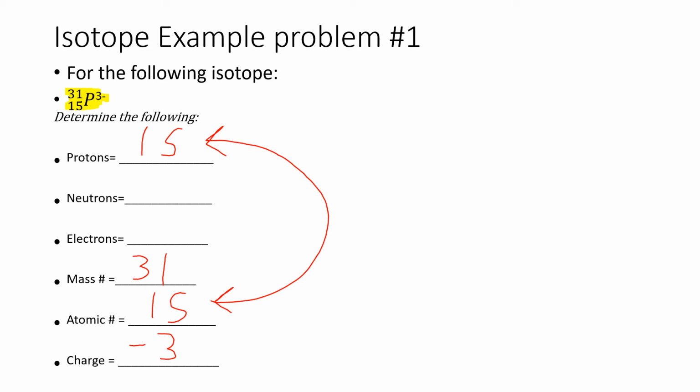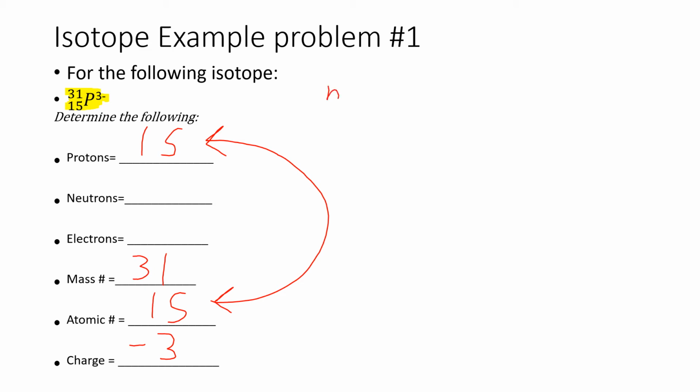Now, to figure out the number of neutrons. So we're going to work and figure out how many neutrons we actually have here. Well, how are we going to get at that information? Well, if you go back a couple slides to when we talked about what the mass number is, we said that the mass number was the contribution of everything that leads into mass.